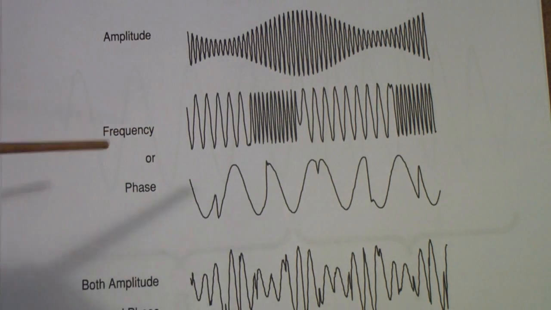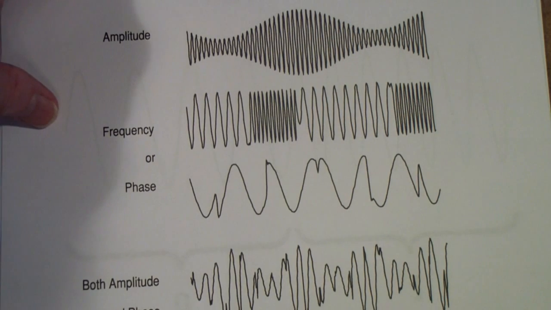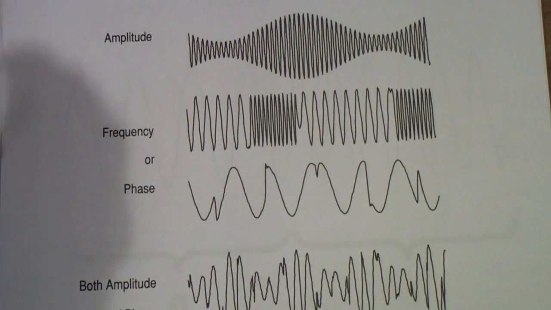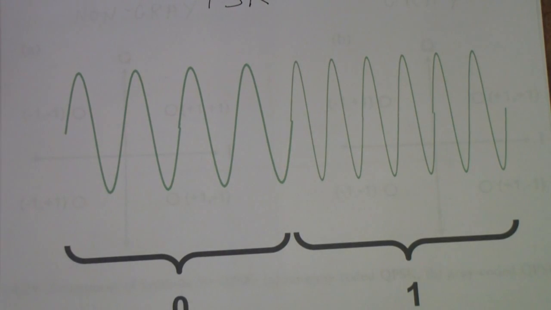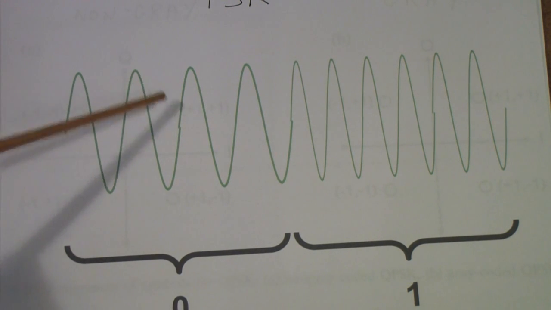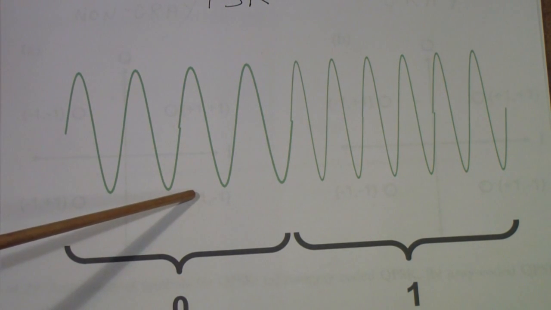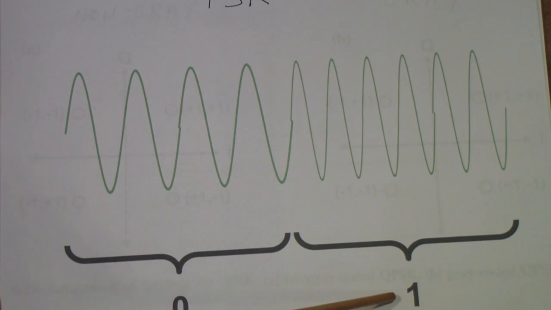An area that I didn't talk about, but actually is rather important, is the idea of coherent frequency shift keying. Now, if you remember, frequency shift keying is simply a signal in which when there's a zero, the modulator puts out one frequency, and when it's a 1, it puts out another.